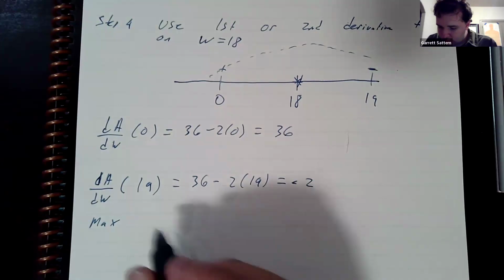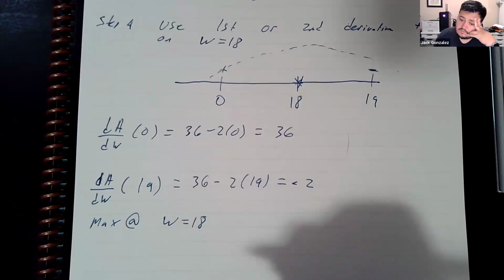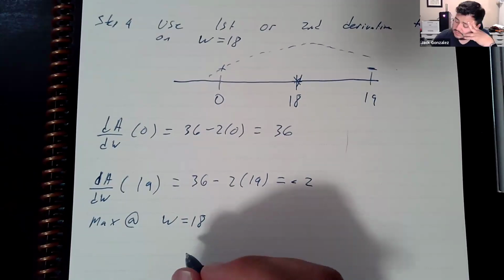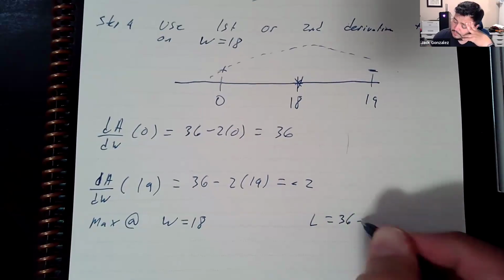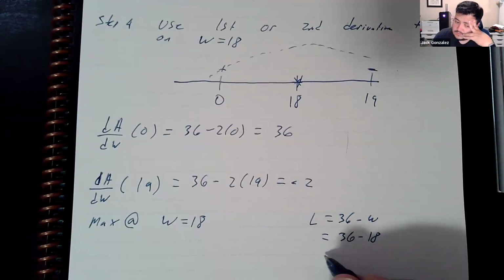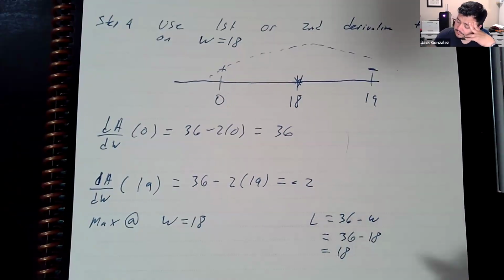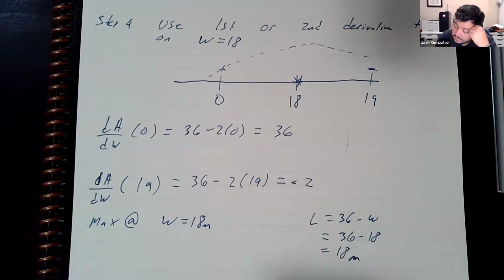So maximum is happening when the width is 18. So this is enough to find the length as well, right? Because we said length is equal to 36 minus W, which is 36 minus 18, which is 18. It just so happens that both are equal, a perfect square for this example, not always, right? Just this example. But for that particular perimeter, this is the best width and length.